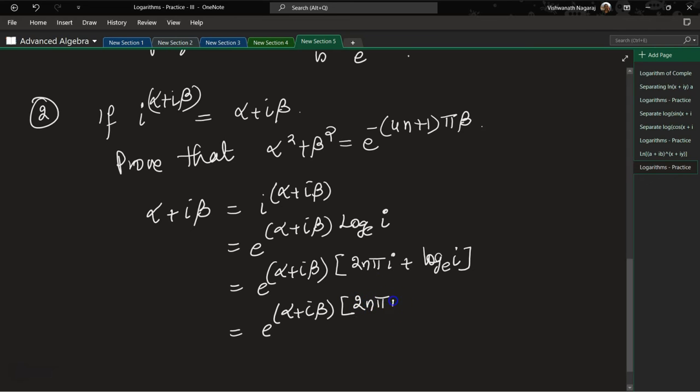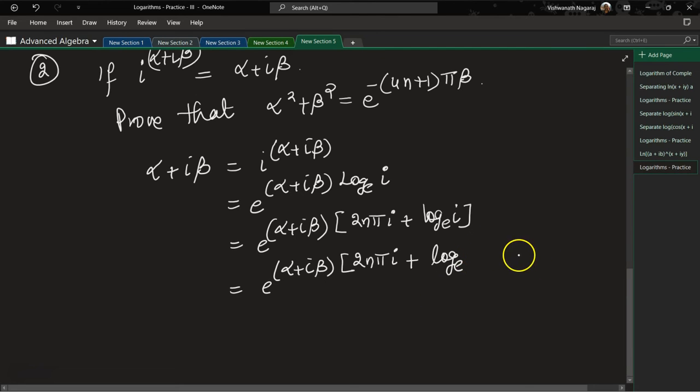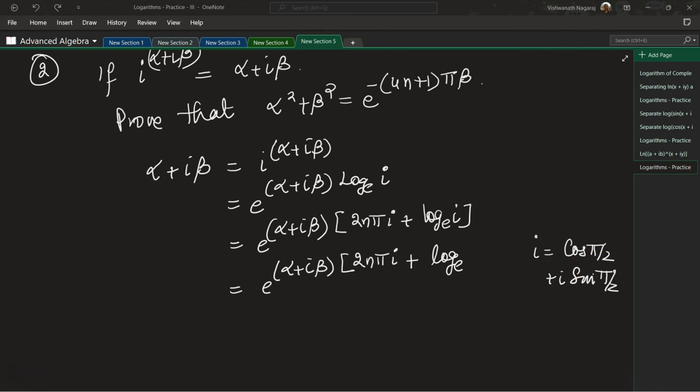Now log e of i is what? i can be written as cos pi by 2 plus i sin pi by 2. If you notice, cos pi by 2 is 0 and sin pi by 2 is 1, so 0 plus 1 i.